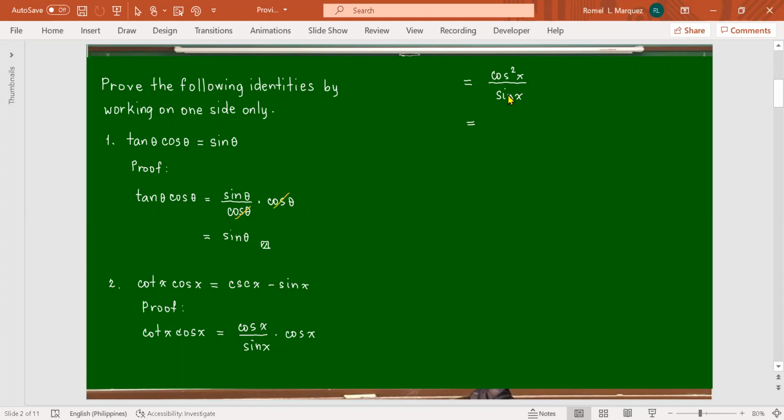So to be able to express this into two terms, we have to express the numerator as what? As either a sum or difference. So we know that cosine squared x is equal to 1 minus sine squared x from Pythagorean identities.